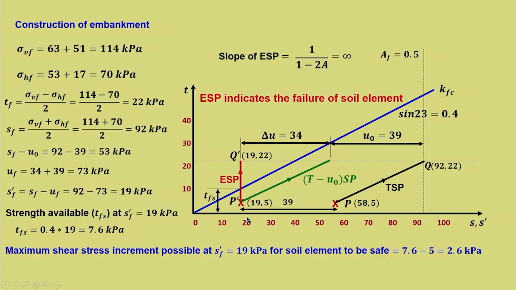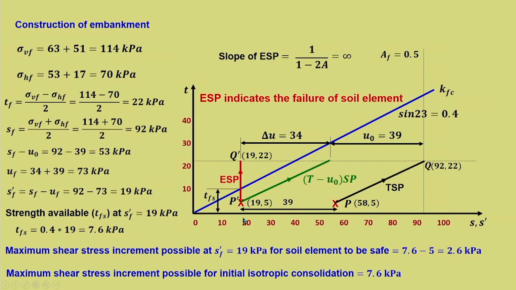So, we have understood where it is going and how it is going to fail. Now, here the initial condition is already at 5 kilopascal above. Let us say that if it is isotropically consolidated, then we would get an allowance of 7.6 kilopascal before failure. That is, this point will come down. So, the total possible increment would be 7.6.